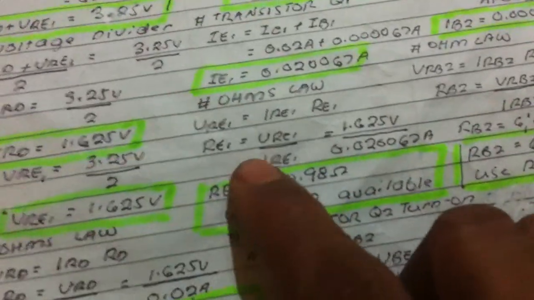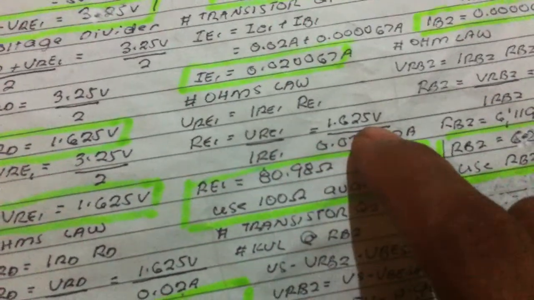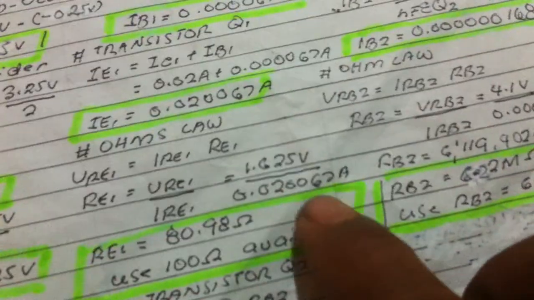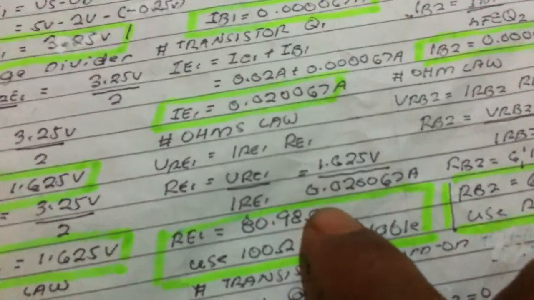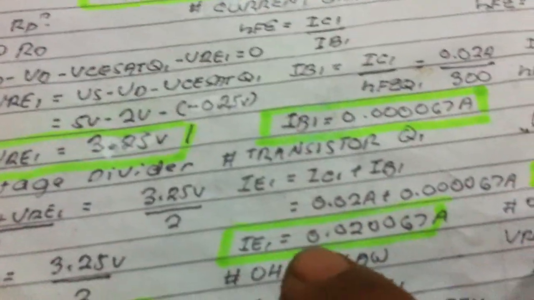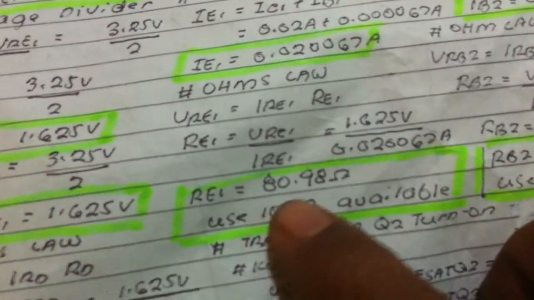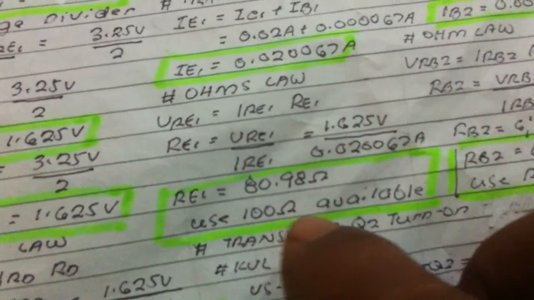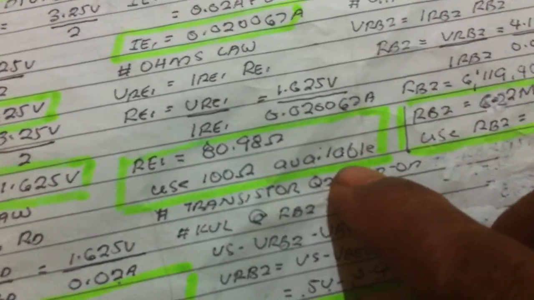Using Ohm's law, since we know the voltage drop at RE and the current, we get a value of 80.98, but I use 100 ohms.